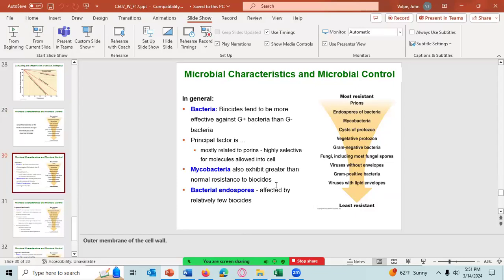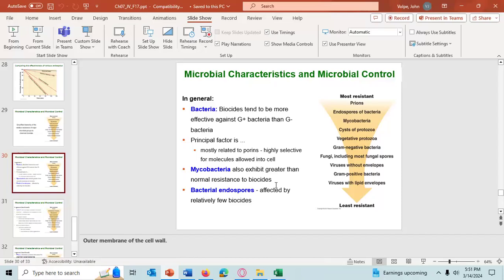So biocides tend to be more effective against the gram-positive bacteria than the gram-negative bacteria. That's mostly because the gram-negative bacteria have an outer membrane which prevents the biocide from doing damage to the bacteria.